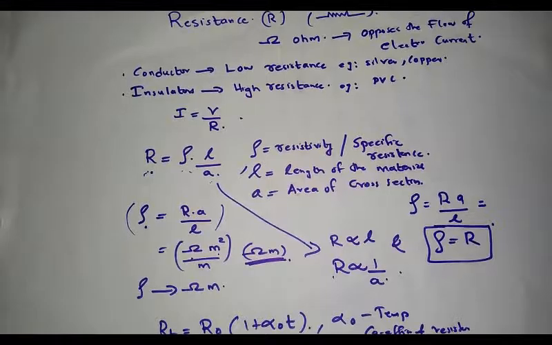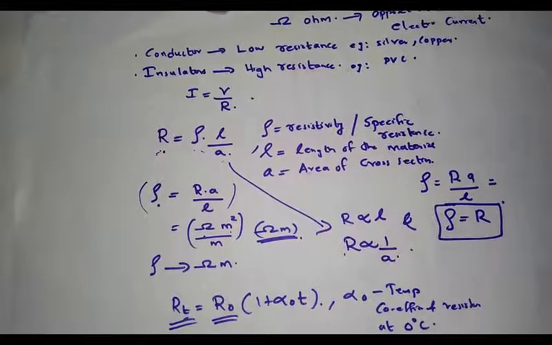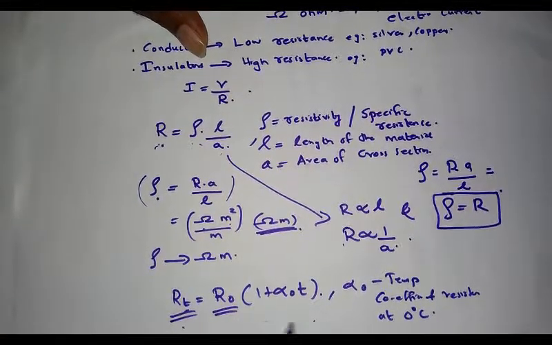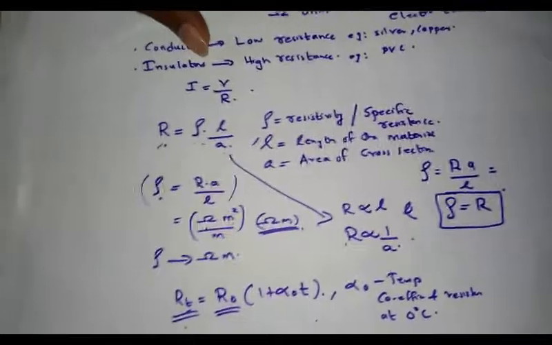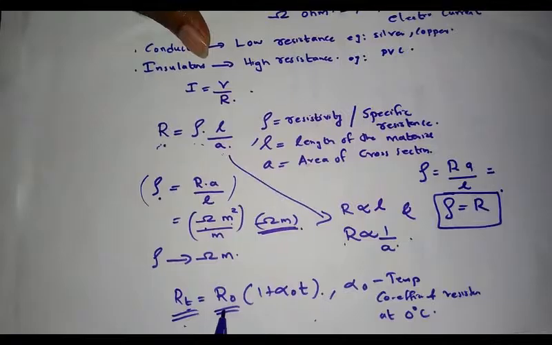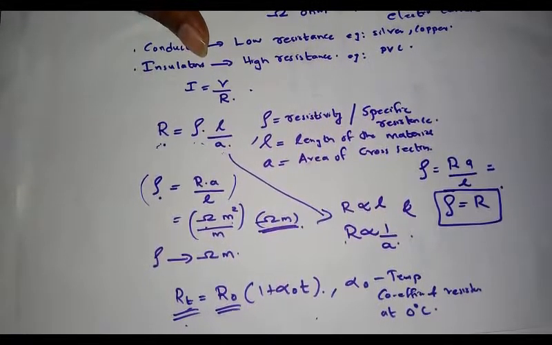Also, we know that Ohm's law is valid only at a specific temperature, because resistance depends upon temperature, and resistance or resistivity varies with temperature. From this relation we can determine RT is equal to R0 into 1 plus alpha 0 into T. We can determine the resistance at any given temperature, provided alpha 0 and that temperature are given. It explains that the resistance at any temperature is equal to the resistance at 0 degrees Celsius, R0, into 1 plus alpha 0 into T, where alpha 0 is known as the temperature coefficient of resistance at 0 degrees Celsius.